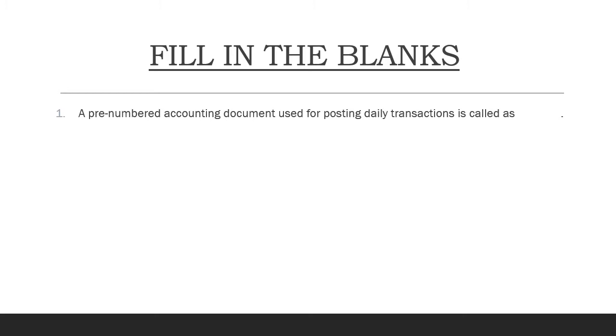Whenever the company is purchasing, selling, or starting the business, all these transactions are done where? Yes, the answer is voucher.